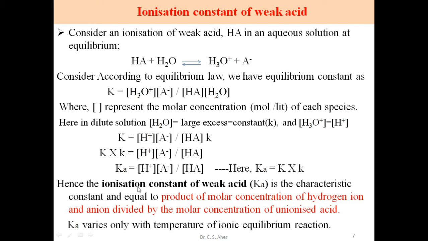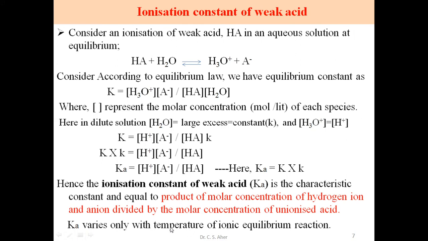Hence this ionization constant of weak acid Ka is the characteristic constant and is equal to the product of molar concentration of hydronium ion, hydrogen ion, and anion divided by the molar concentration of undissociated acid. So this is the undissociated acid HA. So this ratio is called the ionization constant of weak acid.